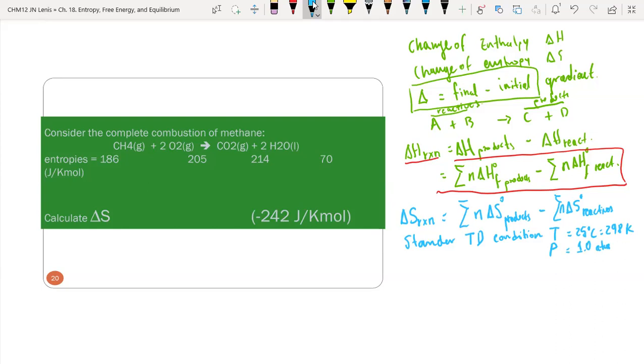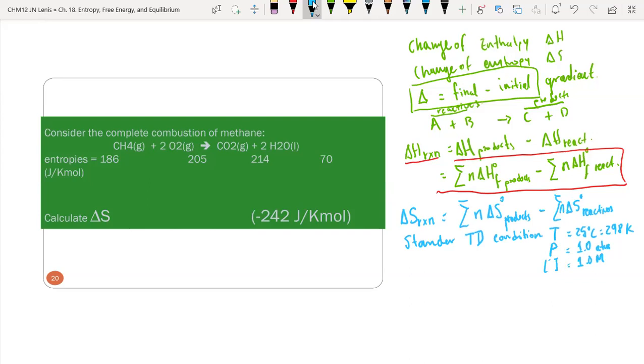So the standard molar concentration is 1 molar when we are working with solutions. So those are the standard thermodynamic conditions, standard TD conditions for thermodynamics.